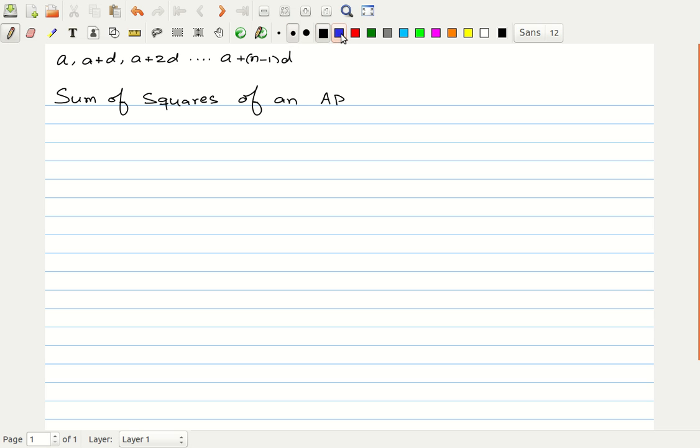So to make it concise to write, I will call the first term a1, and the second term a2. So a2 is a plus d, a plus 2d is a3, and similarly the last is going to be an, right?